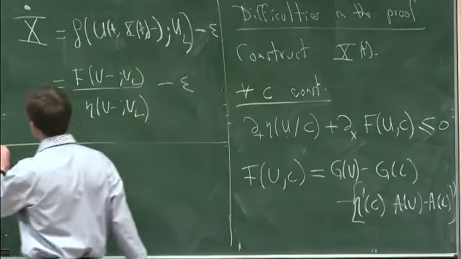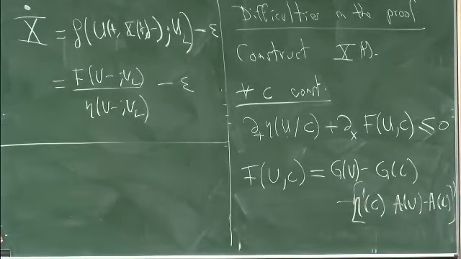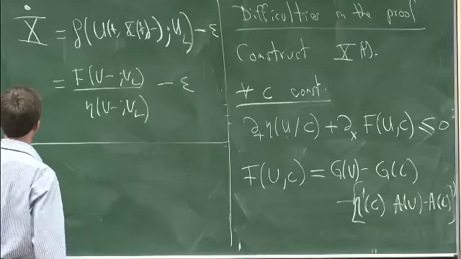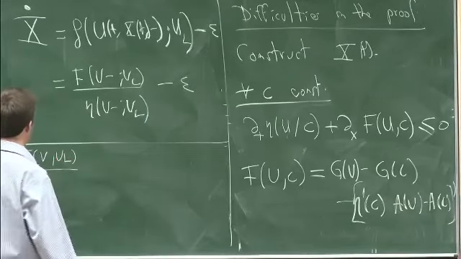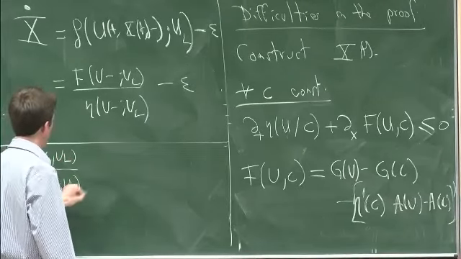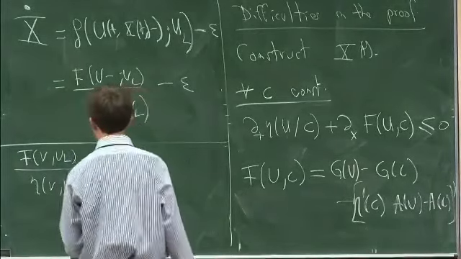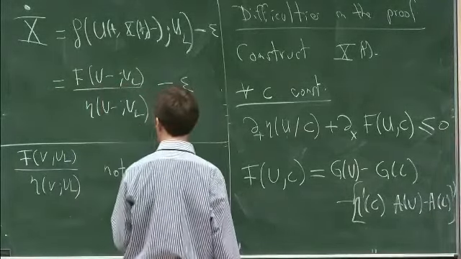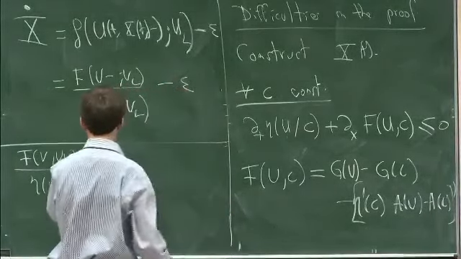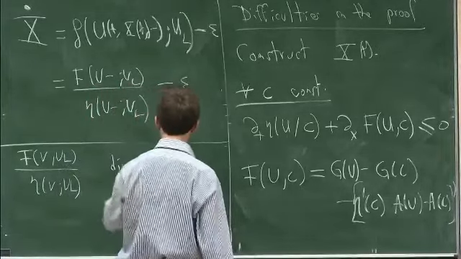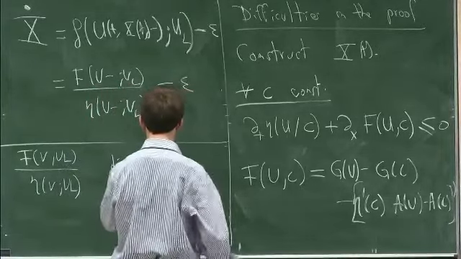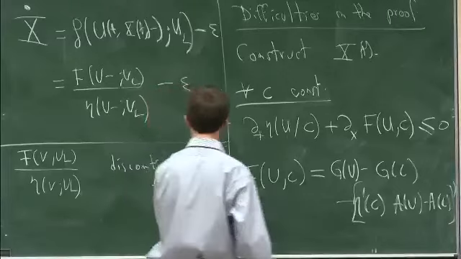Well, the problem is, of course, to construct this is not that nice. First, f of v, ul divided by eta of v, ul, is actually discontinuous for v close to ul.